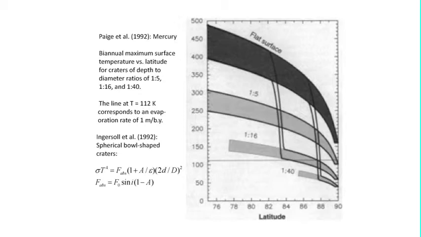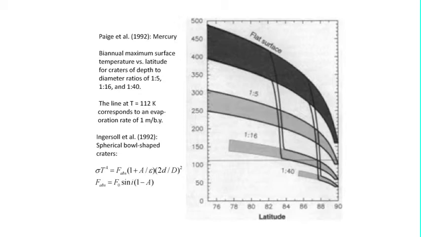Now, if your depth to diameter is 1 to 16, you can have permanently shadowed craters down to this latitude, and then it shoots up to very warm surface after that. But in this region, real close to the pole, in very flat craters, you can get really low temperatures, 50 Kelvin or even below.